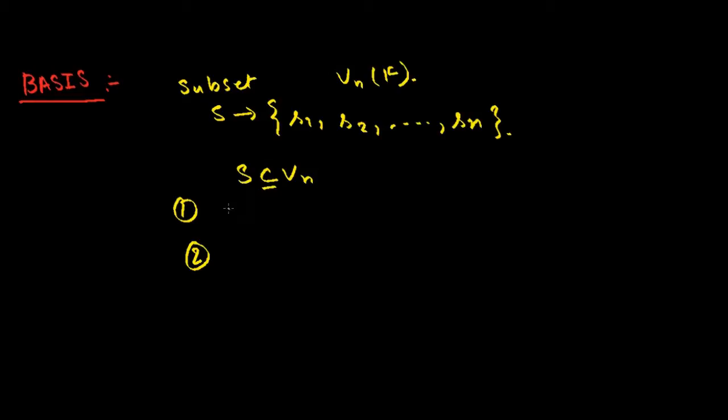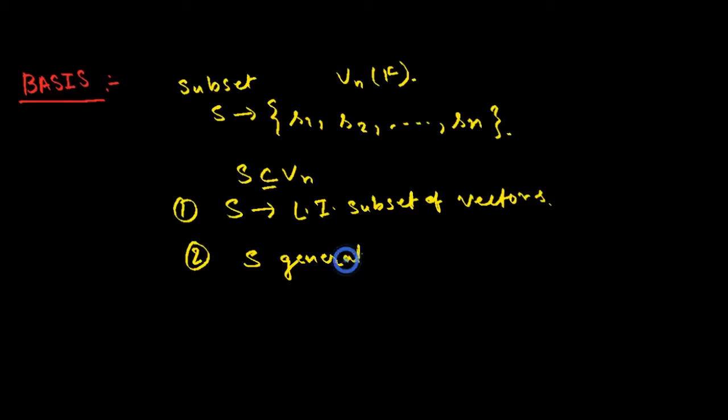One is that this collection, this S, is a linearly independent subset of vectors, and another condition is that S generates the whole vector space, right?